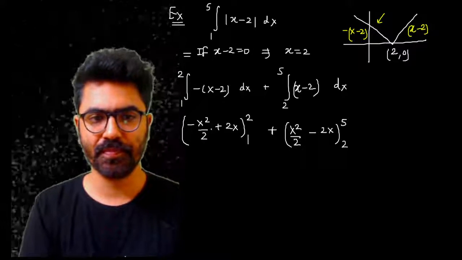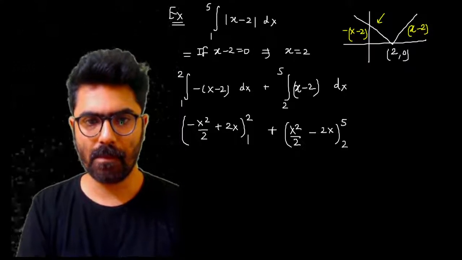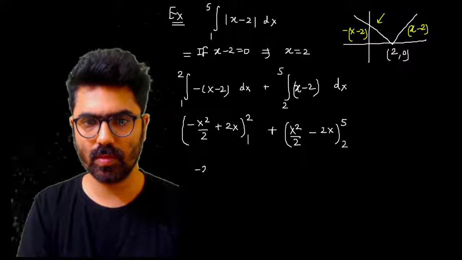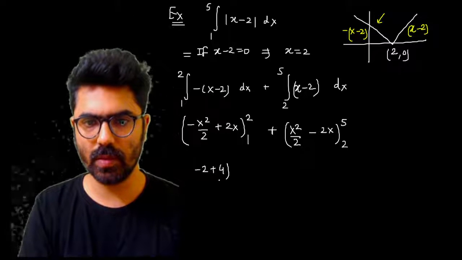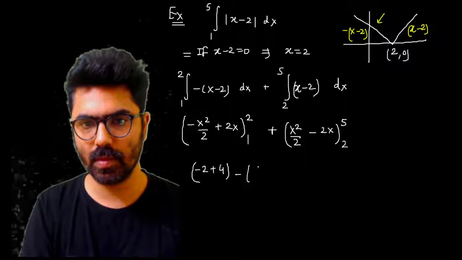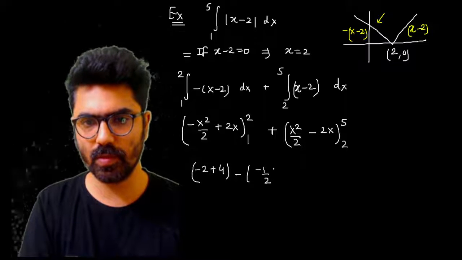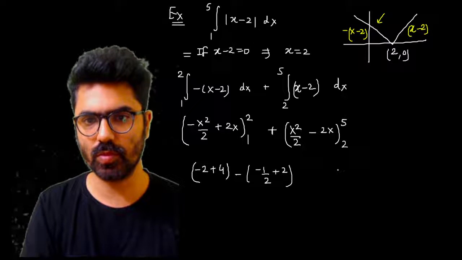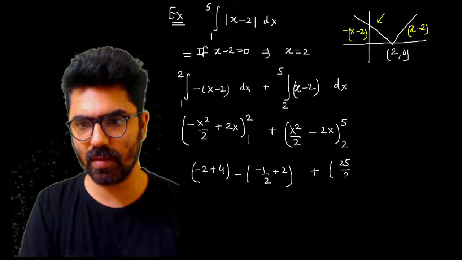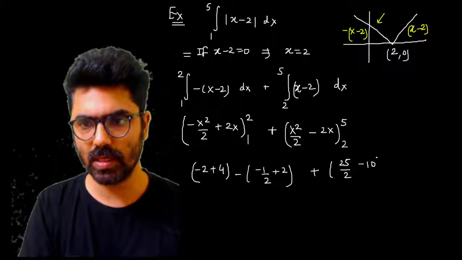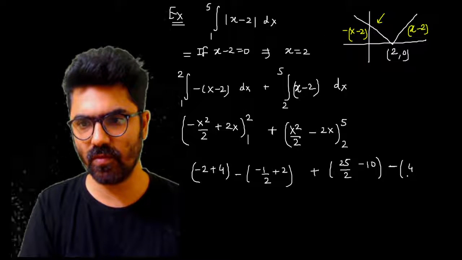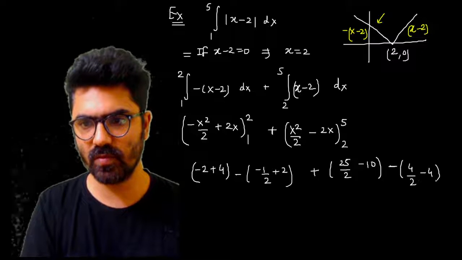See, minus 4 by 2 minus 2, and here plus 4. We put 2 here minus. Now put the lower limit minus 1 by 2 plus 2. Similarly here put the upper limit. You will get 25 by 2 minus 10, minus, put the lower limit, you will get 4 by 2 minus.